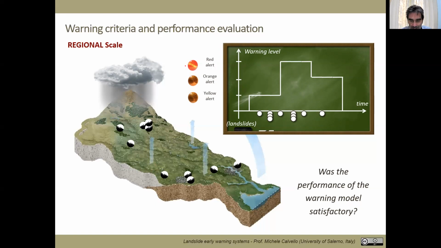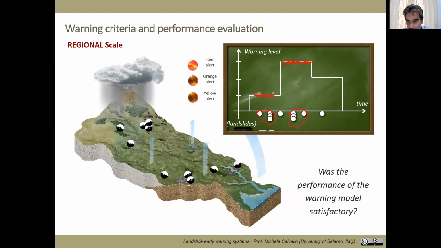Because my judgment is based on what I look at. I may look at those and say, well, those landslides were indeed happening when the red warning level was issued. But at the same time, at the beginning, these landslides happened when yellow alert was issued.